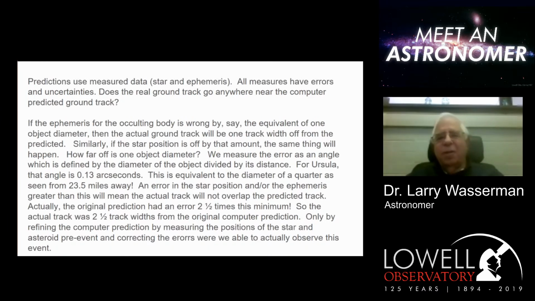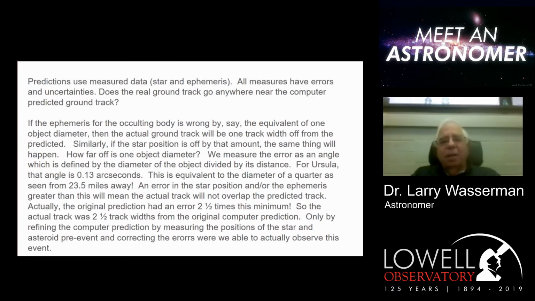And that's the equivalent of a quarter, which I am holding up here, as seen from 23.5 miles away. So we'd have to measure the position in the star for Ursula to that angle, the equivalent of a quarter at 23 miles away.